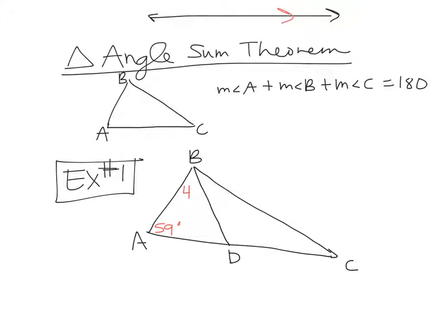Angle B is 43 degrees. That's not really angle B, I guess. This one's 49. And then this is X and Y and Z. Okay, so we have 3 missing angles in this setup.